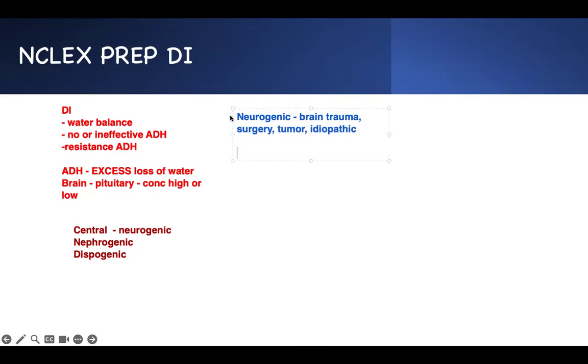And so when the brain gets damaged, usually the ADH is not secreted from the pituitary gland. So the problem is you don't have ADH, a lack of secretion, because your brain cannot secrete it. And this is the key thing about neurogenic.